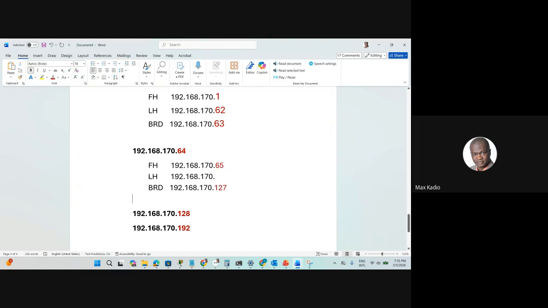Now, how to find the last valid host? For the last valid host, it's going to be 127 minus also 1. Yes, minus 1. Very good, 126. You see, this is how it works.